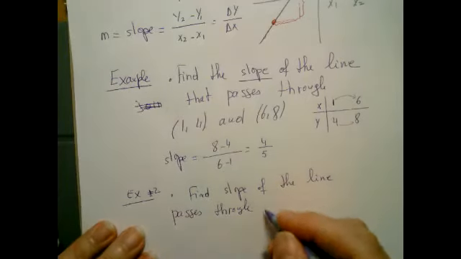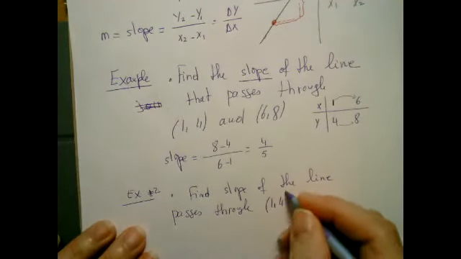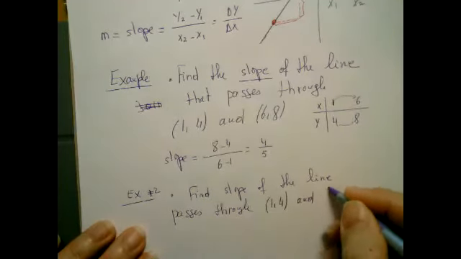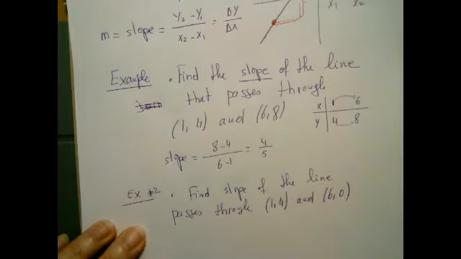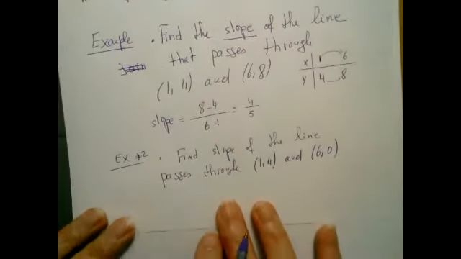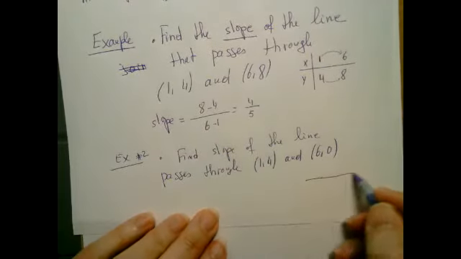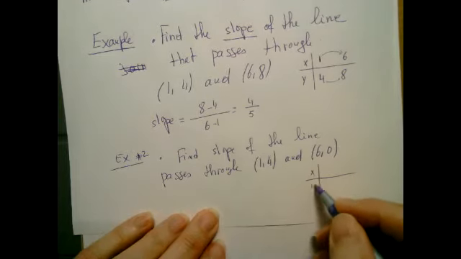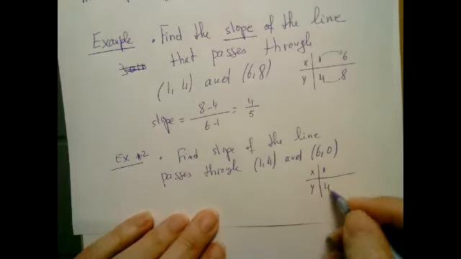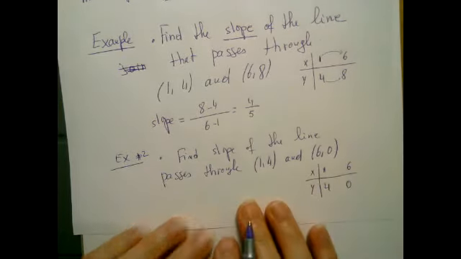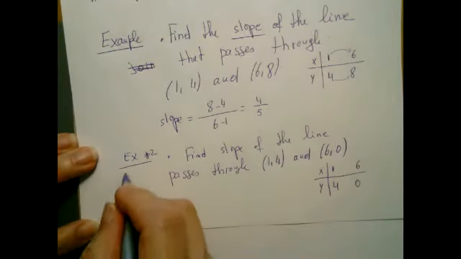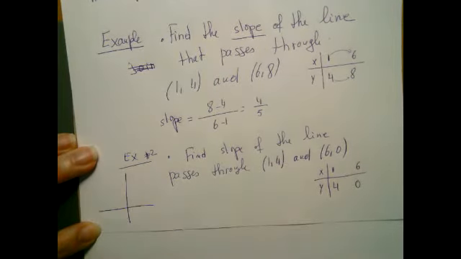Let me make another bunch of points. 1, 4, and 6, 0. So this is what I have here. This is my x, and this is my y. So my graph here, I always like graphs.